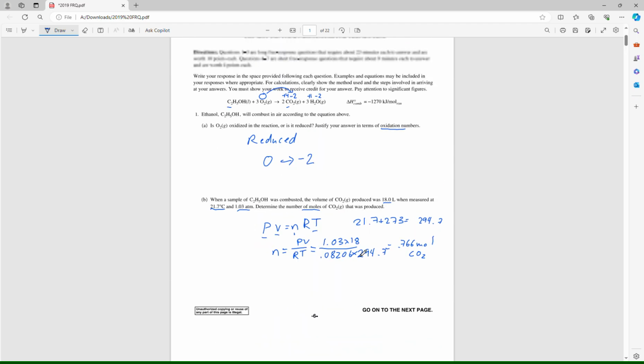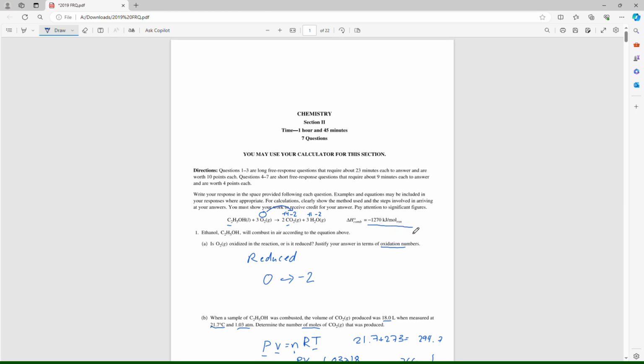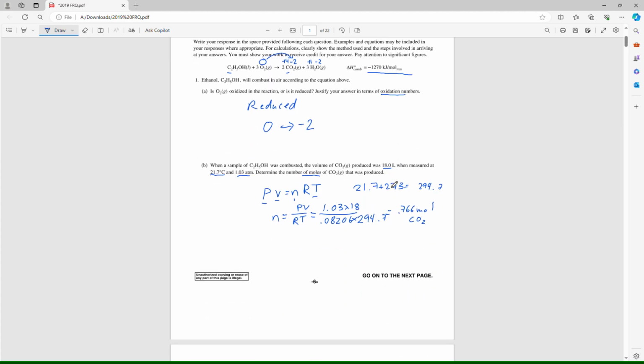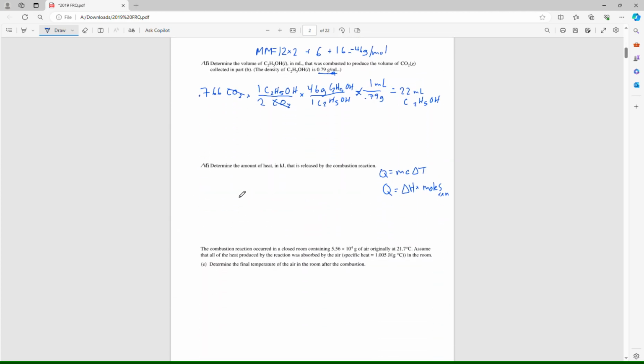So we're actually given delta H here, negative 1270 kilojoules per mole reaction, so it really means per reaction. And we could figure out how many reactions occurred using a little bit of stoichiometry.